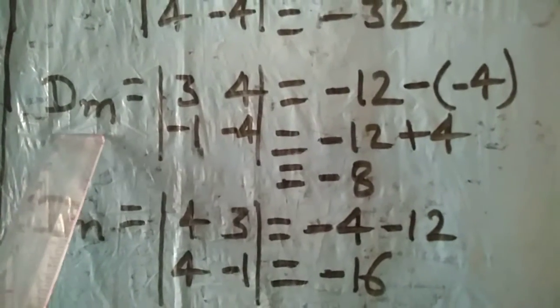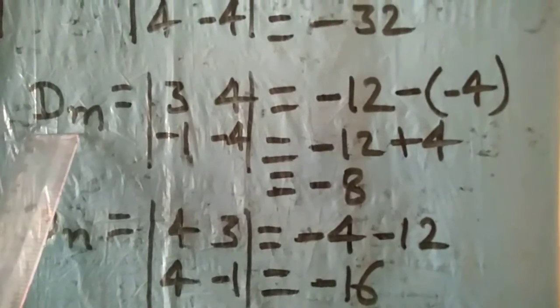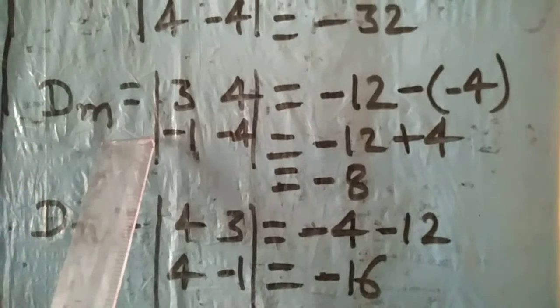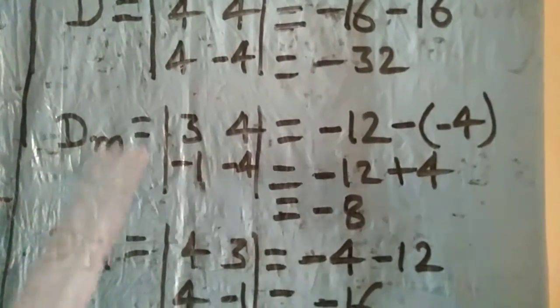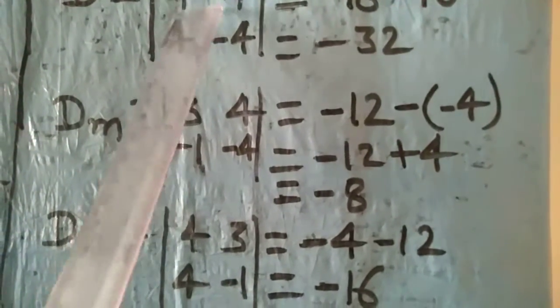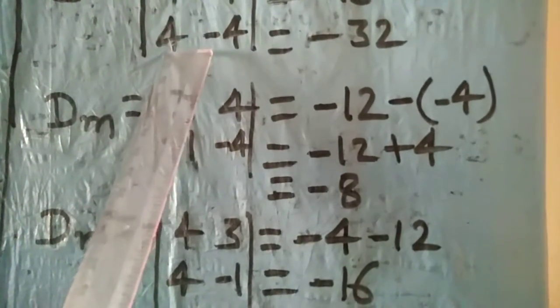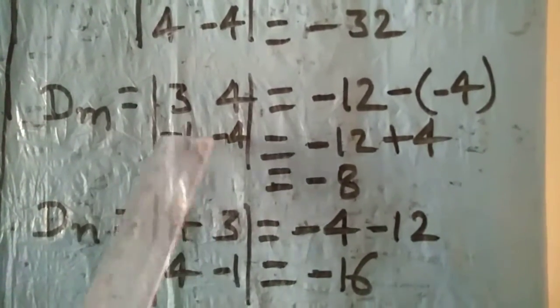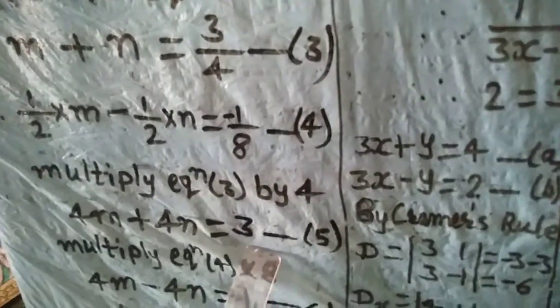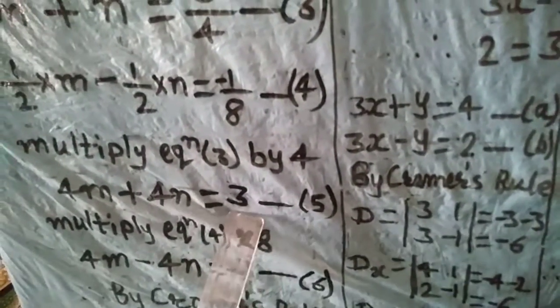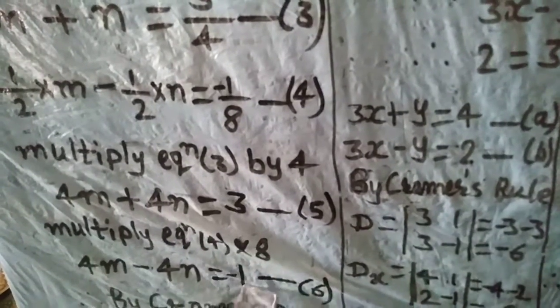Now come on to determinant D sub m. Now instead of the first column, that is 4, 4, we want the constant terms. See which are your constant terms from equations 5 and 6. So your constant terms are 3 and minus 1.